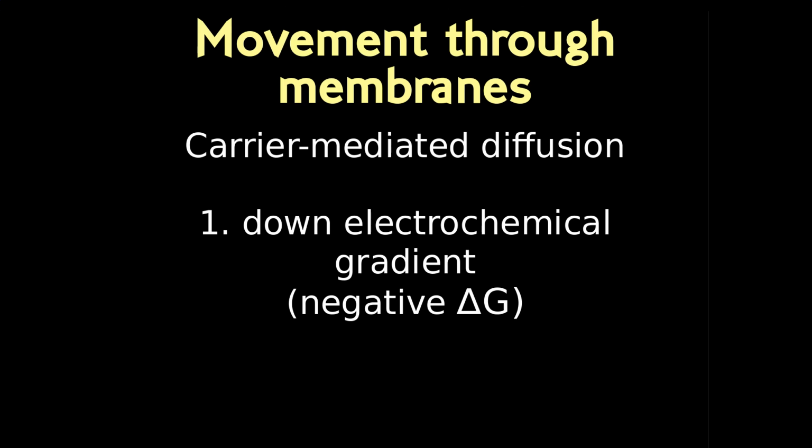Remember just for a second, when we're talking about delta G's, this might confuse you, but you might think to yourself, how in the world can you have a negative delta G? Because essentially we're thinking about this like an enzyme.